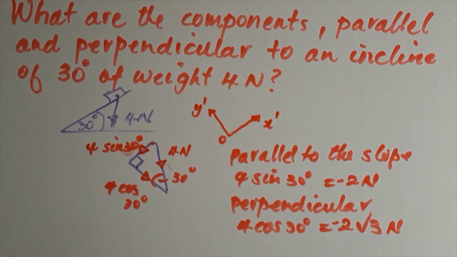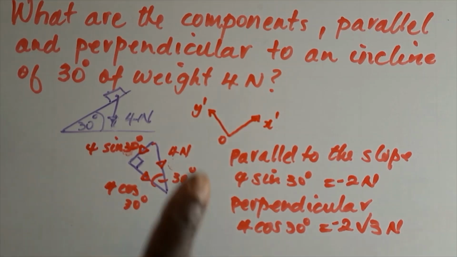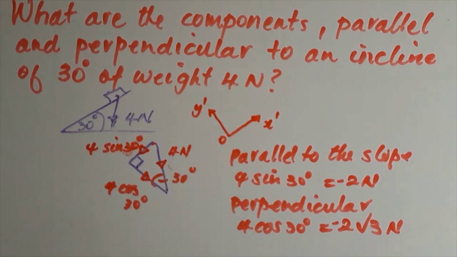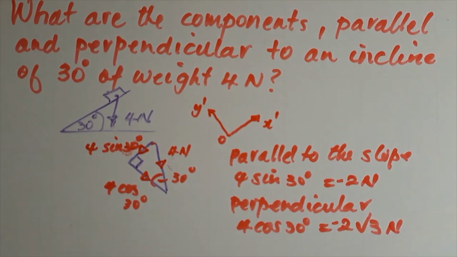And so there we are. We've determined the components parallel to the slope or the incline of 30 degrees of the weight 4 newtons, which is minus 2 newtons, and perpendicular to that incline of 30 degrees of minus 2 root 3 newtons.